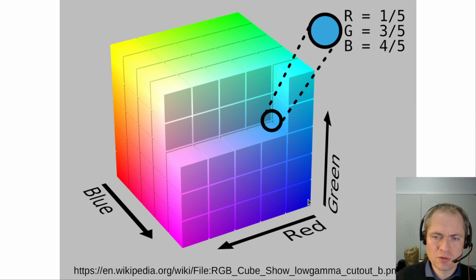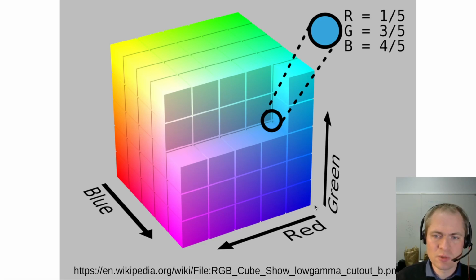So if we look at the arrows down here, it indicates where we have less blue light and where we have the maximum amount of blue light. So we have 0 blue light and 100% blue light here, and similar for the red and for the green color channels. So if you look at the corner down here, we have 0% green, 0 red, but we have the full blue color. So it's a rather dark blue color in the location here.